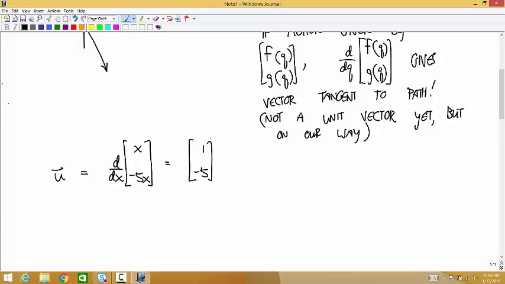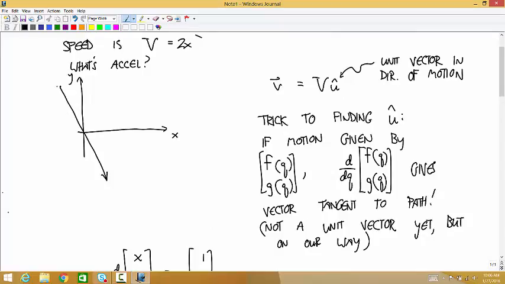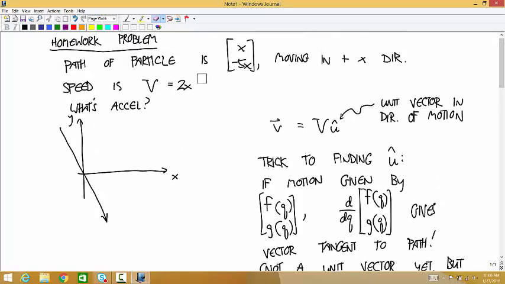And looking at the picture, you can see that it's moving along this line. That vector 1, negative 5 is tangent to that path. You do have to be careful: I said we're moving in the positive x direction. If we were moving in the negative x direction, we'd have to take the negative of that vector.